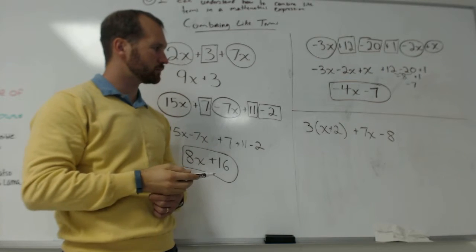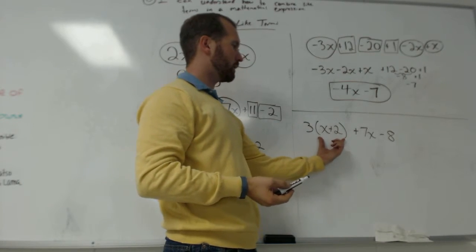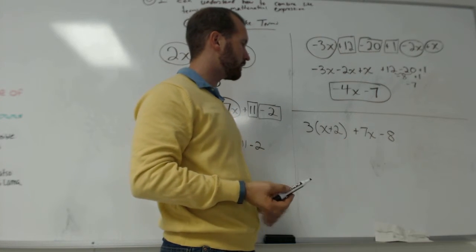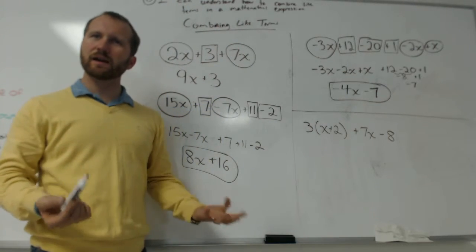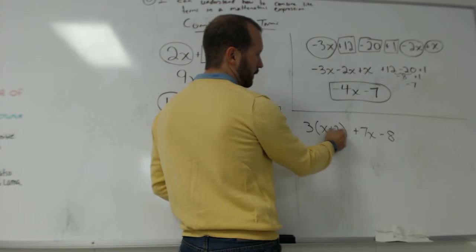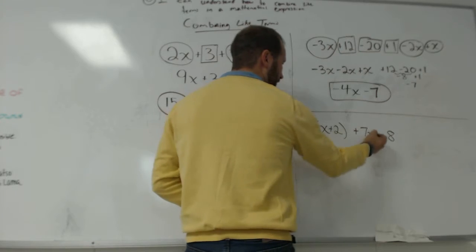The parentheses. How can I get rid of them? Because they're kind of in the way. I want to get this x so that I can combine it with this 7x. But I can't just take it out of the parentheses.